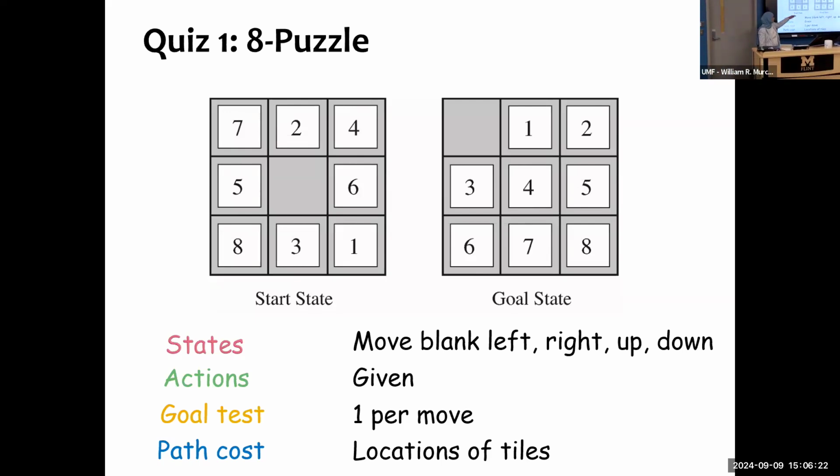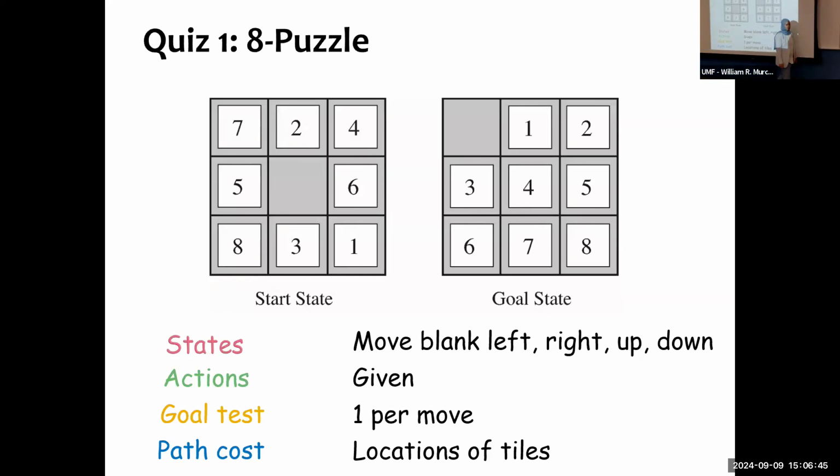The first one says that this is the start state. The second image says that this is the goal state. Other than this, I know nothing. So what you are going to do is that for each case, you are going to find the states, the actions, the goal test, and the path cost.